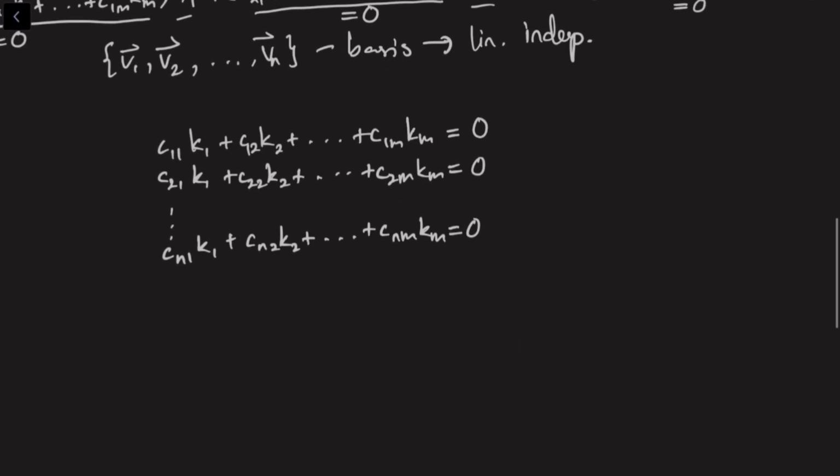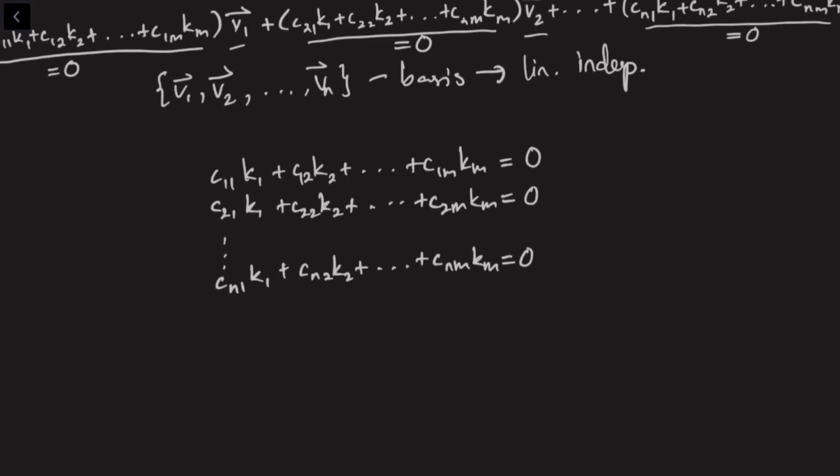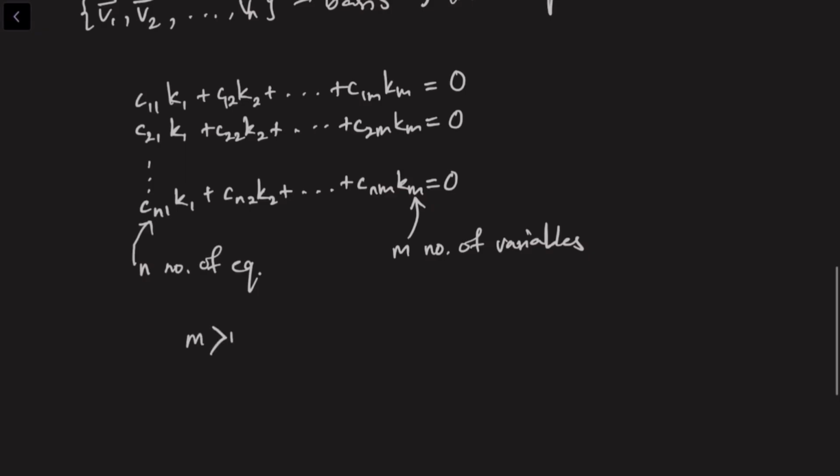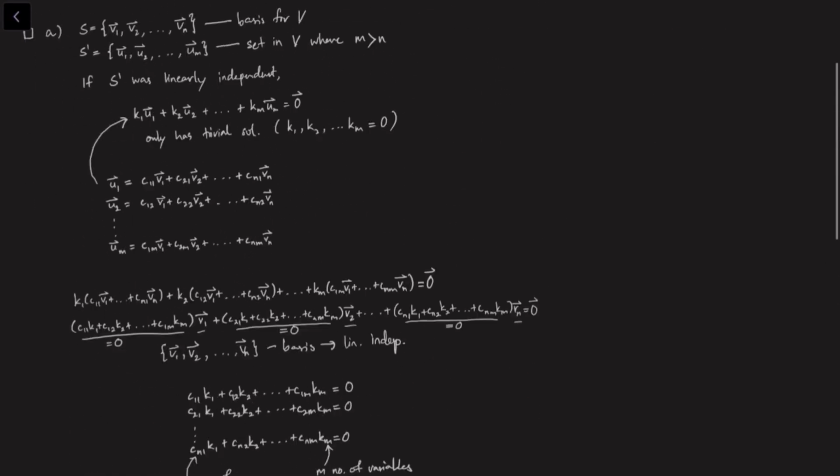So we have a system of linear equations, and in this system we can see that because c goes up until cn1, there are n equations, and k goes up until km, so there are m variables. So m is greater than n, just like we mentioned before.